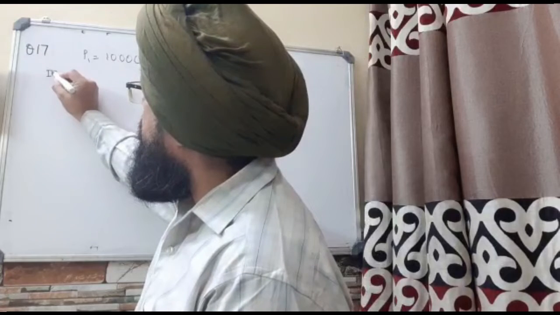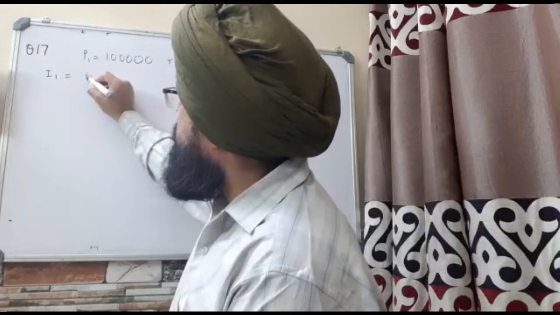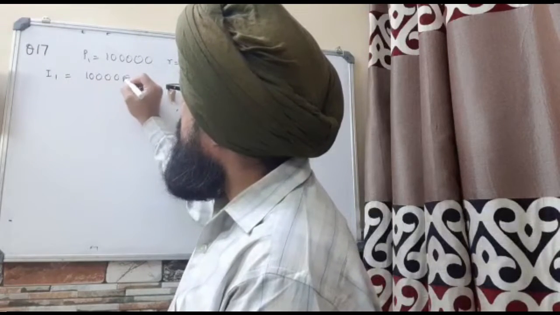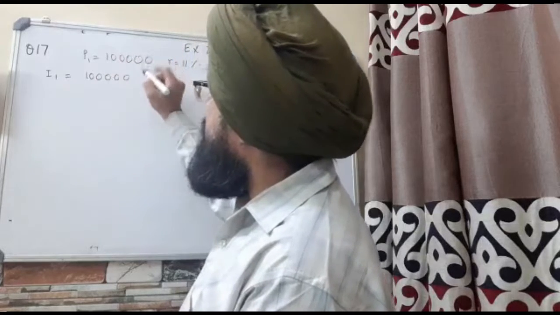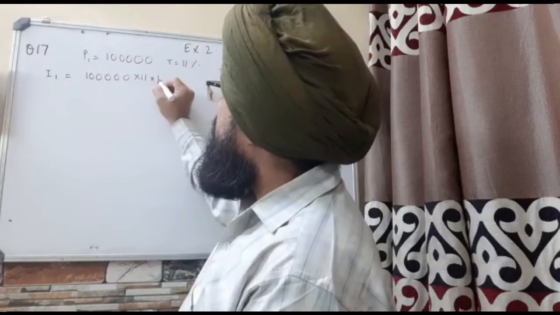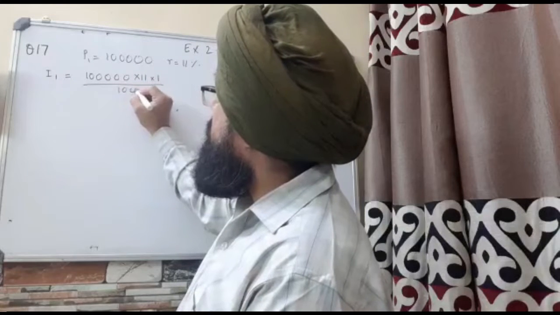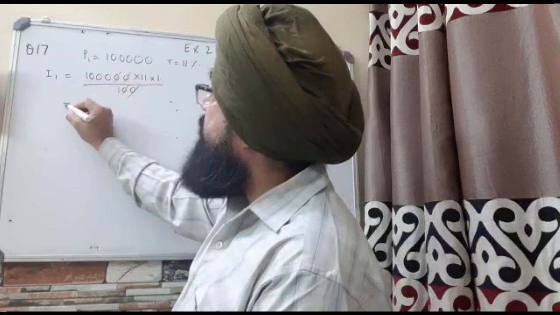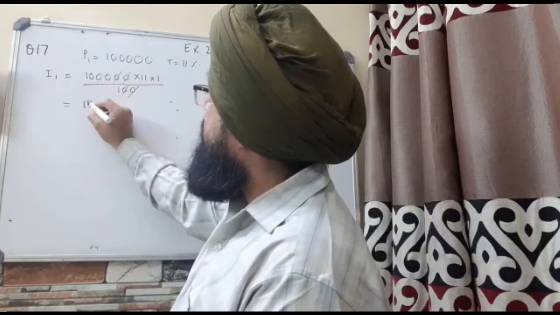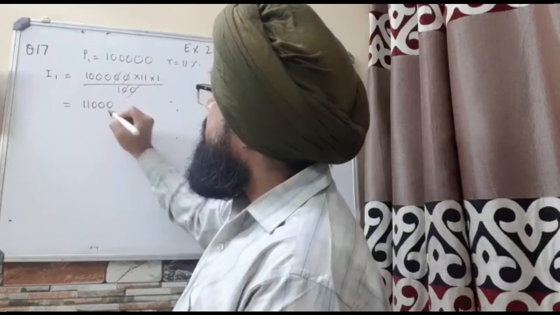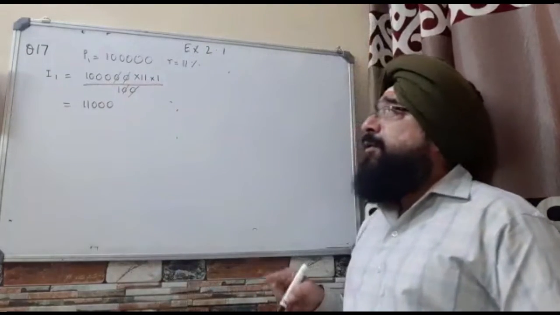I can calculate I1. I1 will be equal to P1 into rate into time upon 100. So you see 2 zeros cancel to reduce my trouble. It becomes 11,000 as the interest at the end of 1 year.